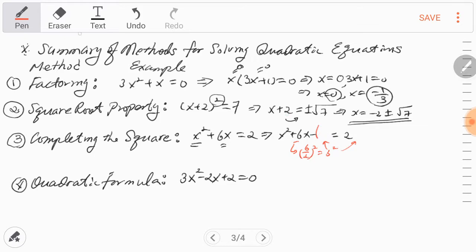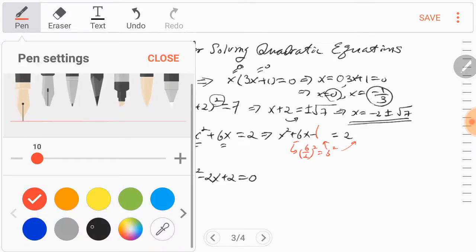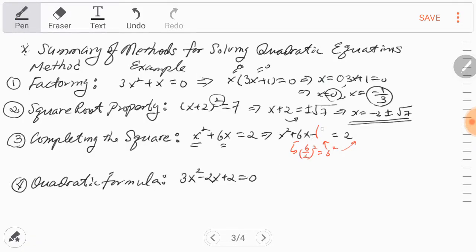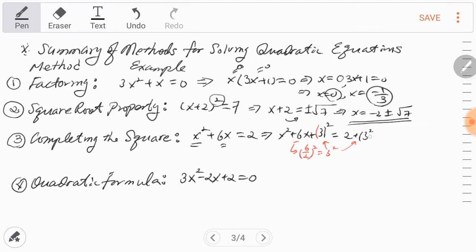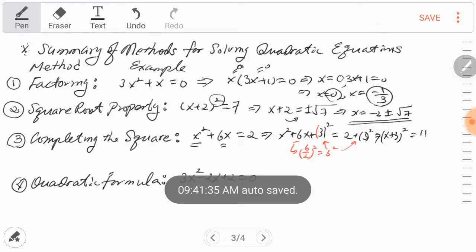So add 3 squared to each side, plus 3 squared. Okay, then this is equal to, the left side is what? x plus 3 squared is equal to 2 plus 9, which is 11.